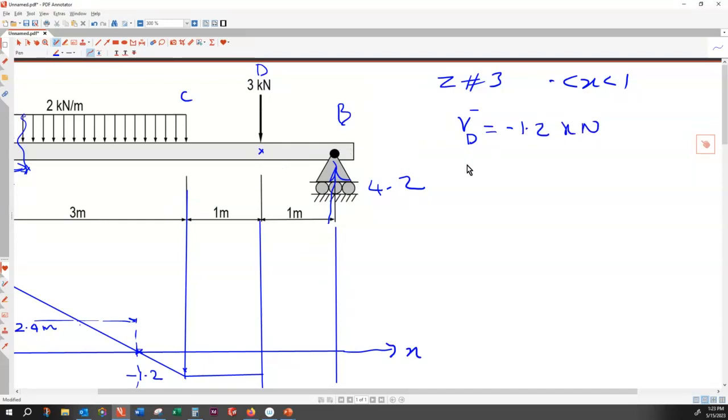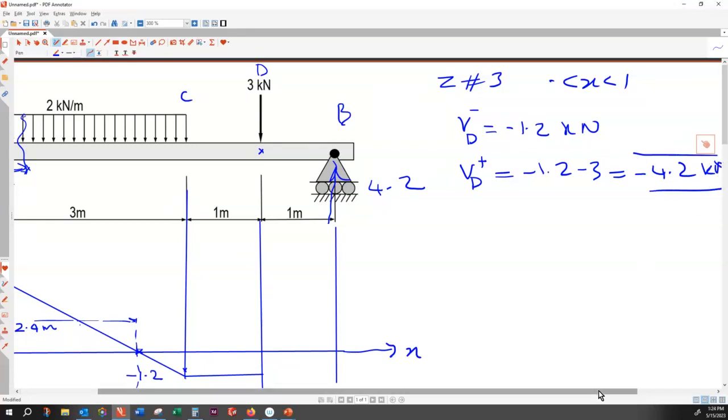But when I go to D on the positive side, there is a discontinuity. 3 kilonewton is subtracted from that, so that would be minus 1.2 minus 3, which becomes minus 4.2 kilonewton.